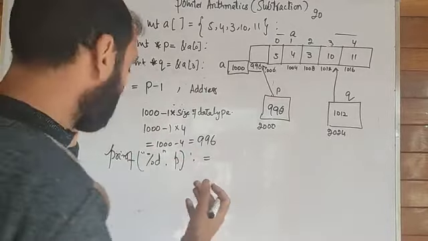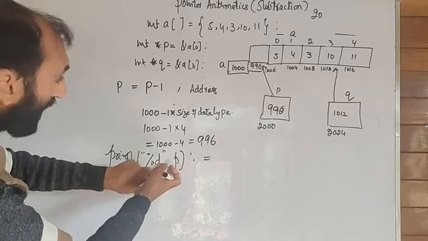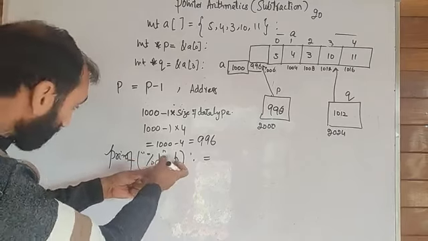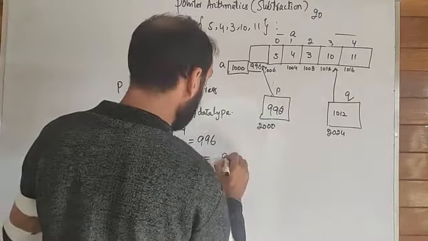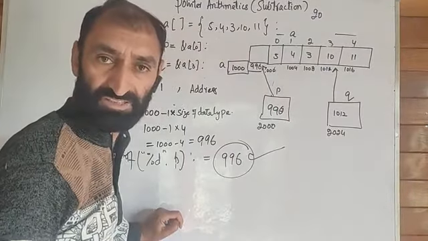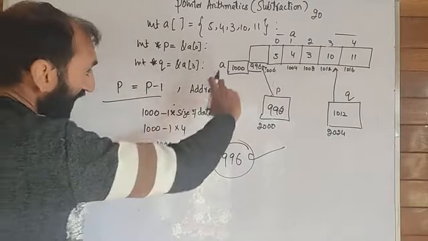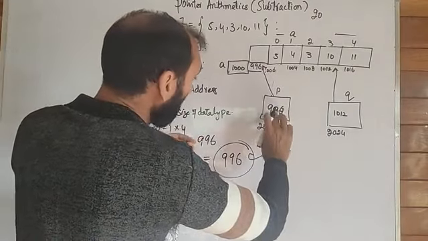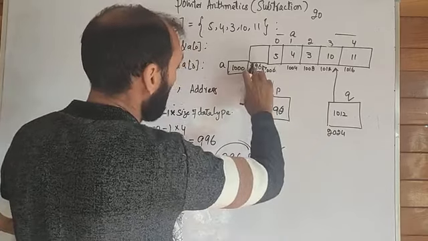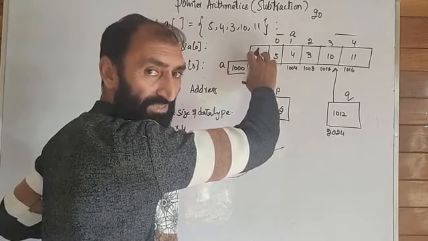The output generated is the value at P, whatever is stored in P. That means 996 will get displayed. After executing this instruction it returns the address of this location.